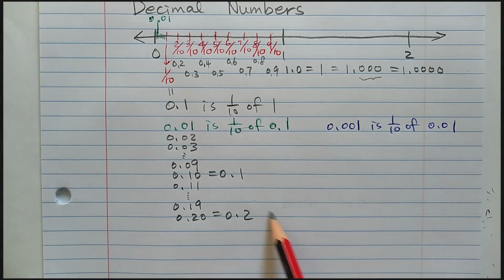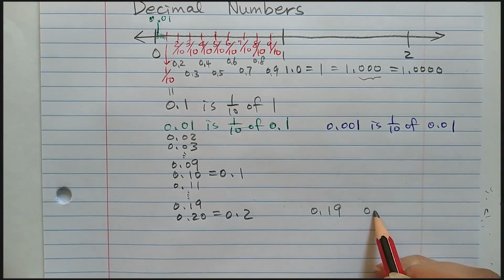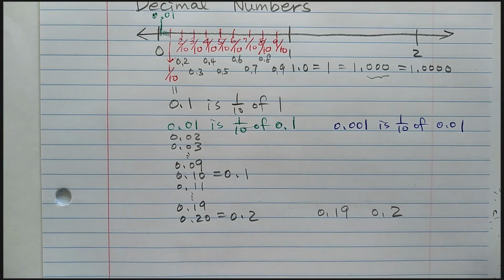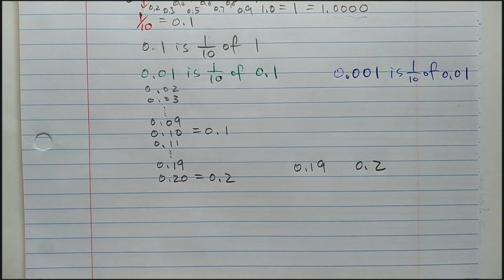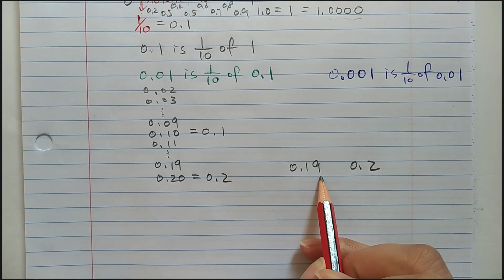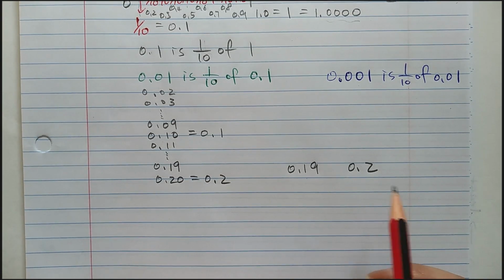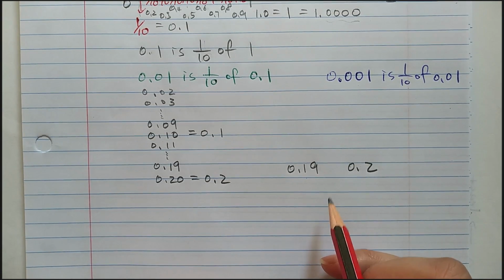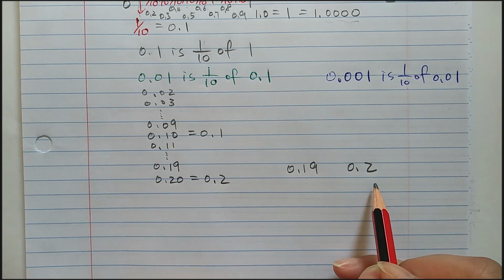And let's compare these two numbers, 0.19 and 0.2. Many students get confused because this looks like 19 and this looks like 2. So some students think that 0.19 is bigger than 0.2.